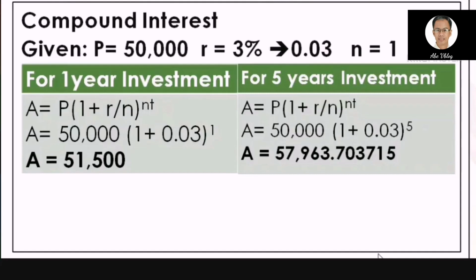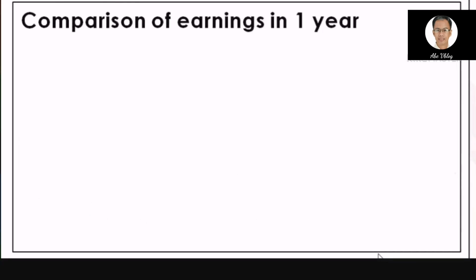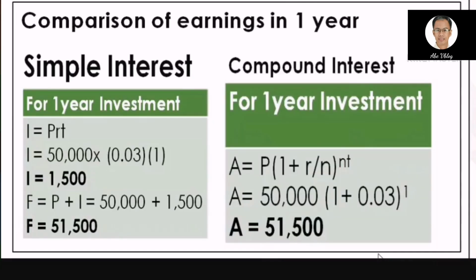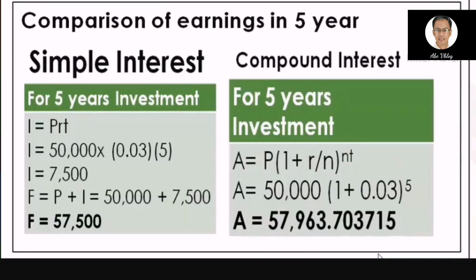Now, let's compare the simple interest and compound interest in the 1-year investment. As you can see, the simple interest and compound interest have the same future value. However, on 5 years, the compound interest has a bigger interest than simple interest. So it's very obvious that 57,963 is bigger than 57,500.